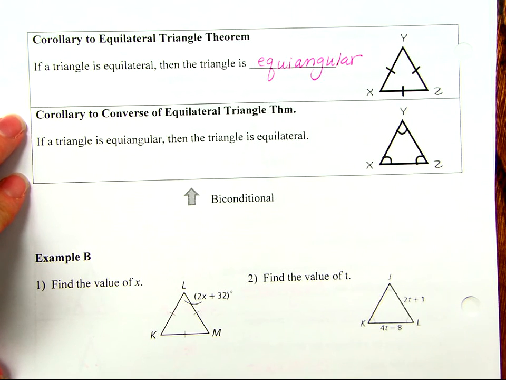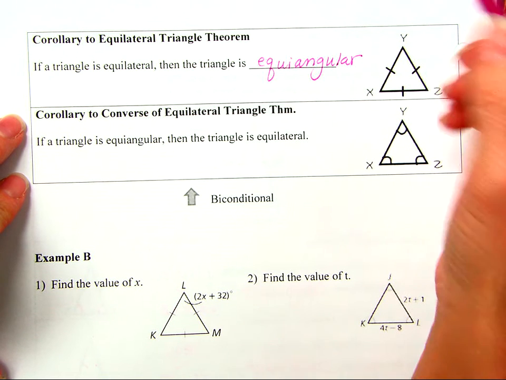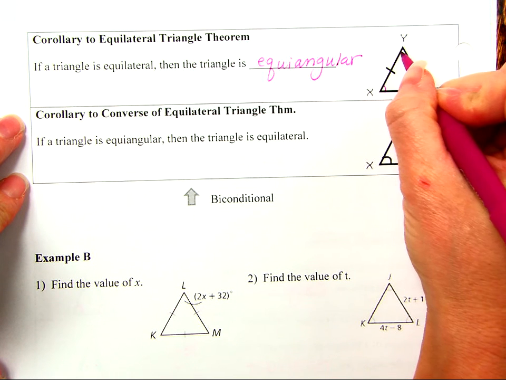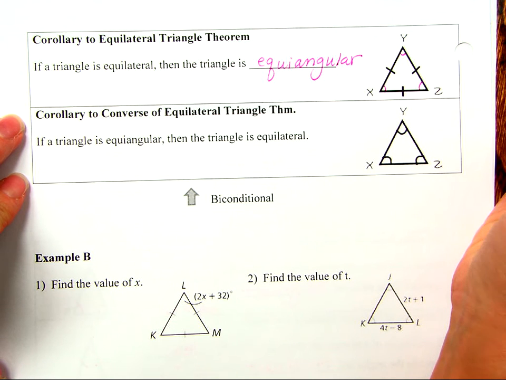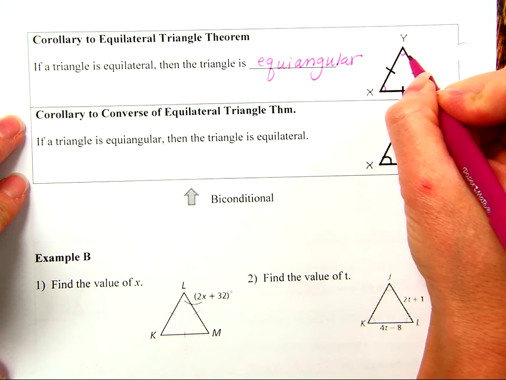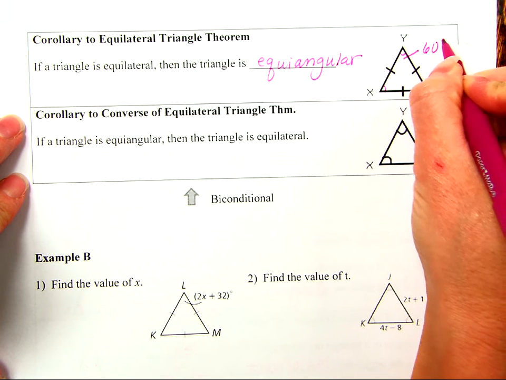Here I can see that all sides are marked congruent, meaning also that my triangle is going to be equiangular. We had previously discussed the fact that our equiangular triangle has to have angle measures of 60 degrees.